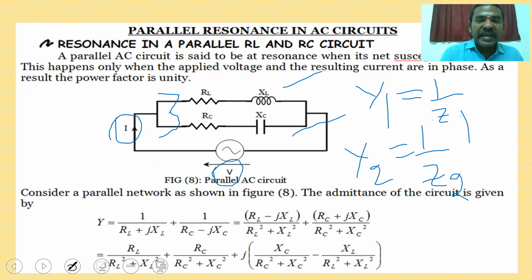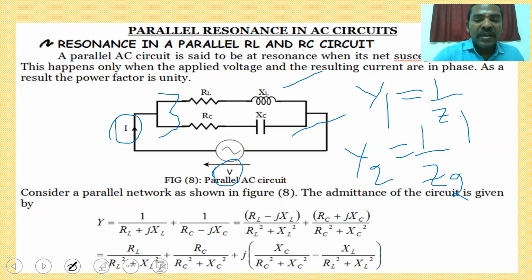I am segregating the real part separately and the imaginary part separately: RL divided by (RL square plus XL square) plus RC divided by (RC square plus XC square), plus j times [XC divided by (RC square plus XC square) minus XL divided by (RL square plus XL square)].